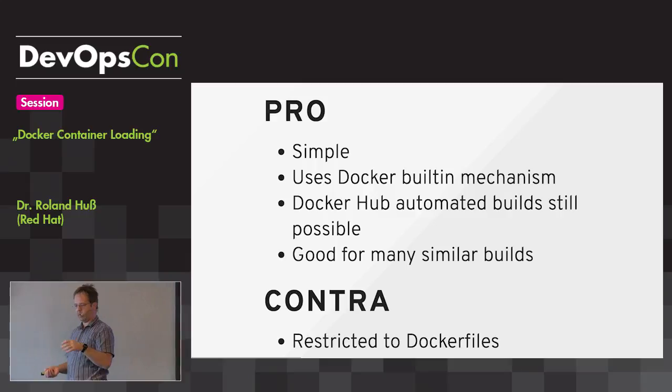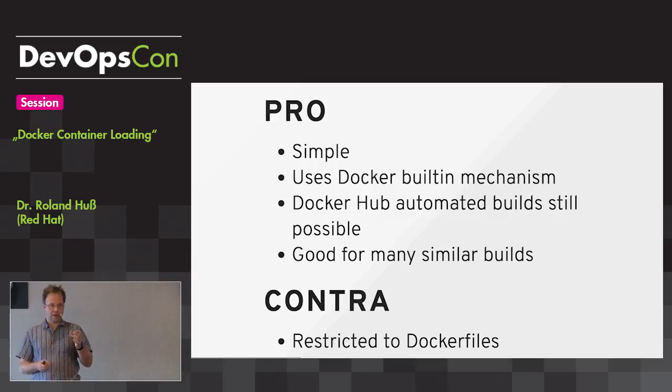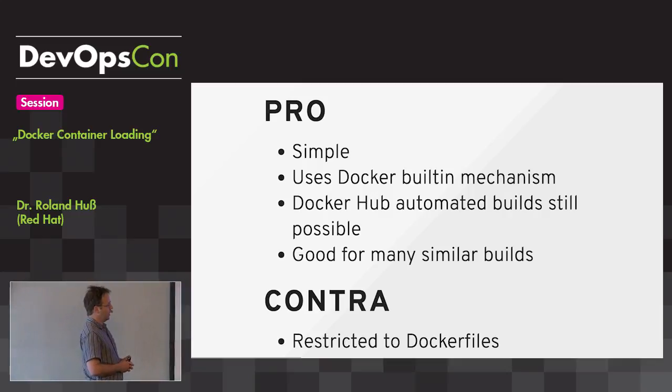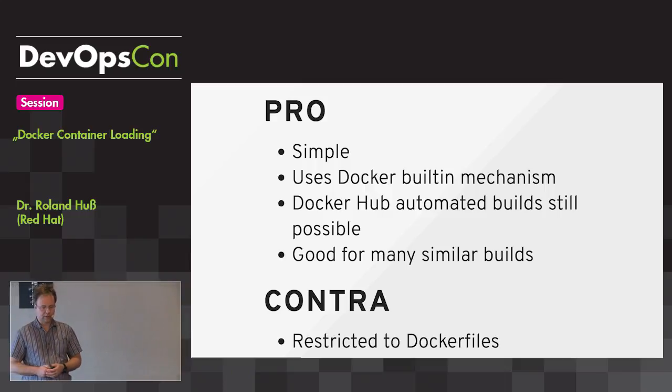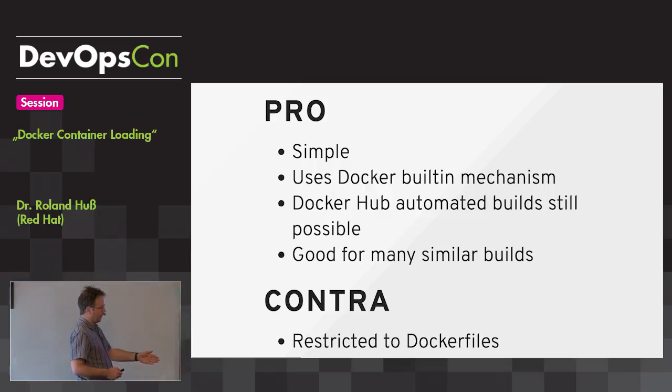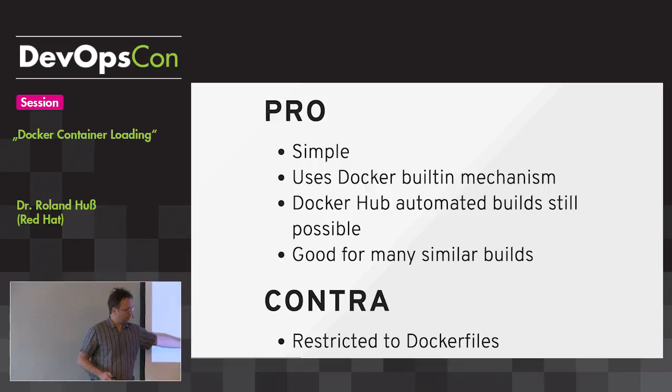For automated builds, you can use any other tool which works directly with Dockerfiles. And it's perfect for many similar builds, especially base images. So if you're responsible for base images, maybe something like this would help you. Of course, at the end you still have Dockerfiles, and you cannot do more things.